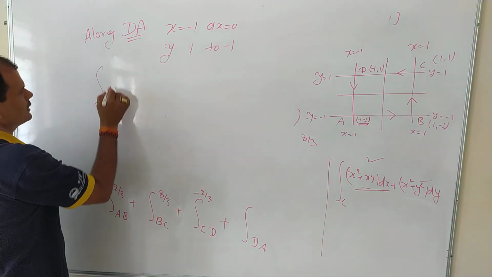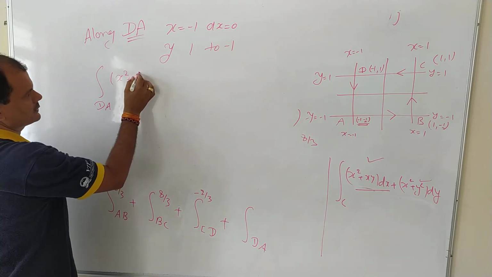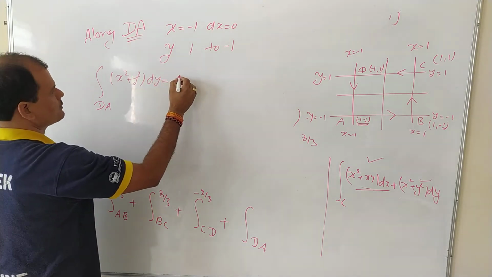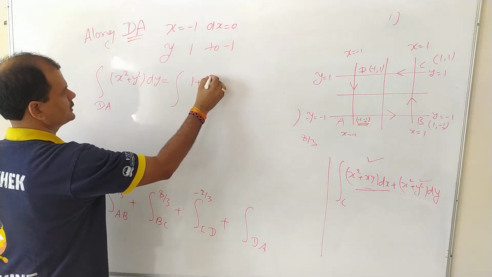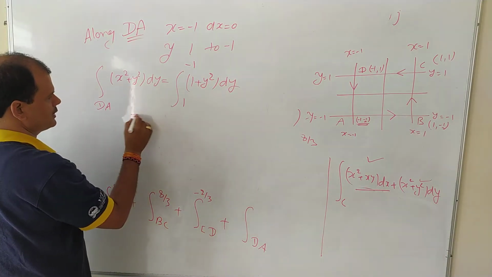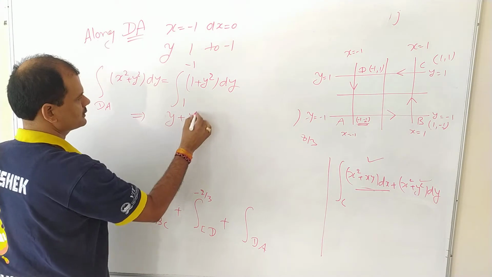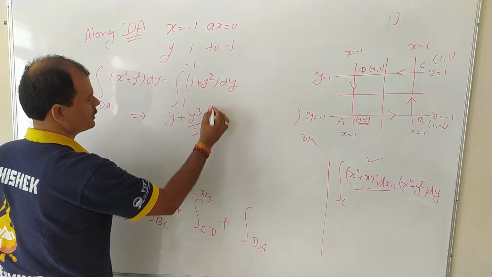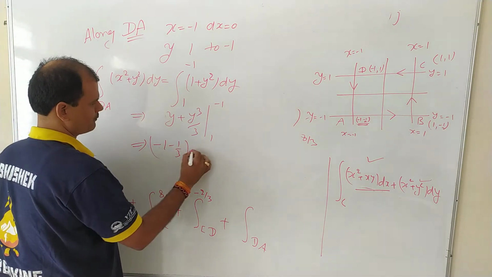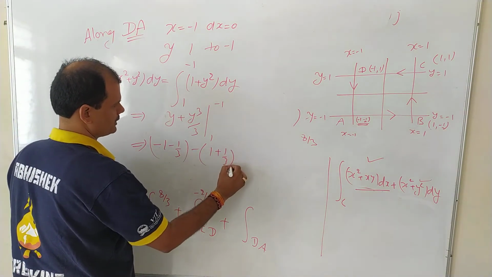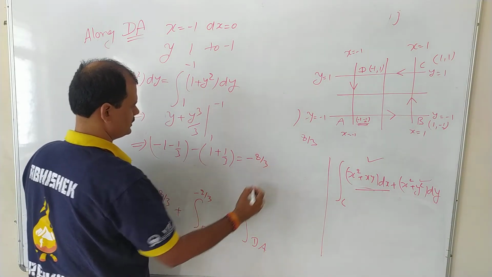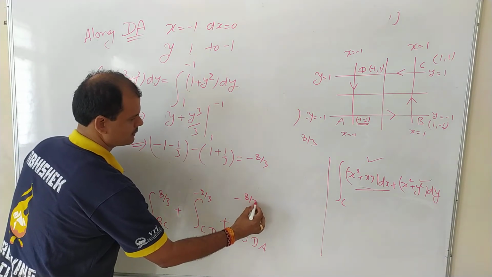We get x square plus y square dy, and x equal to -1, so 1 plus y square dy, with y limit from 1 to -1. So we get y plus y cube by 3 from 1 to -1, which is -1 minus 1 by 3 minus 1 plus 1 by 3. So we get minus 8 by 3.